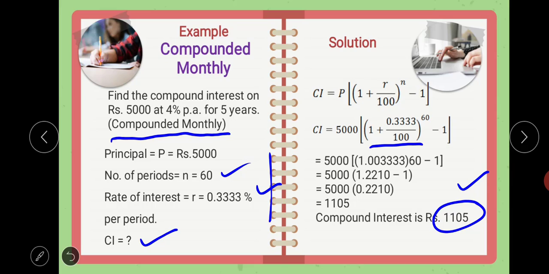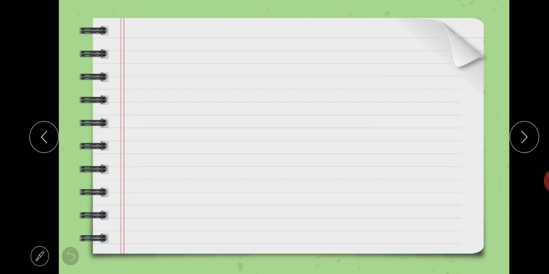Now there are some examples to solve and to practice. For example 1, you can take a notebook or pen and paper to solve this example and comment your answer in the chat box. I will give you some time, or you can pause this video for a minute and calculate the answer and comment in the chat box.